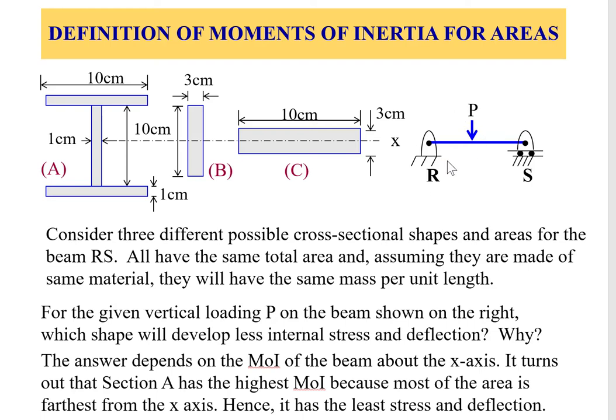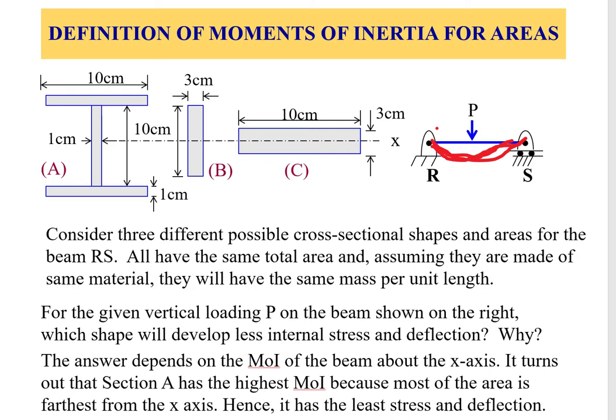If we have a structure that is pivoted at R and simply supported at S, and there is a force acting on it, we know there are two reaction forces at R and one normally at S, and this load P tends to deflect the structure downward in a parabolic curvature shape, like that, right?